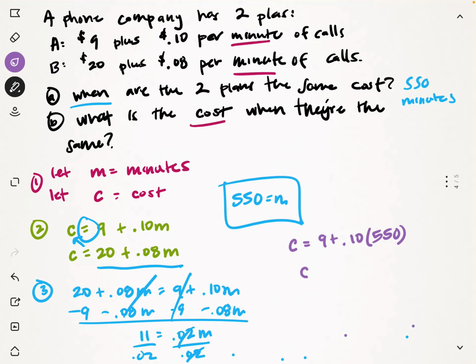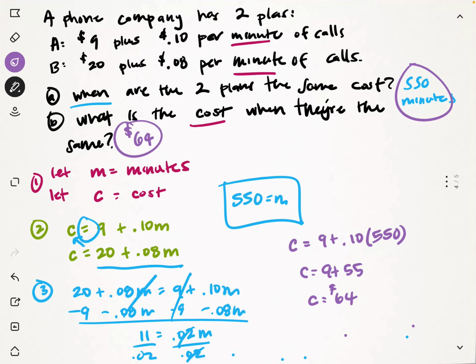So C equals 9 plus 0.10 times 550, which is 55. So the cost would be 9 plus 55, which is $64. So we answered the second part. So part A, 550 minutes. If we talk for 550 minutes on either plan, we end up costing $64. Okay.